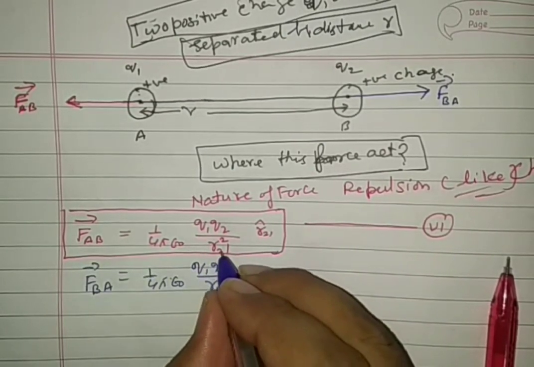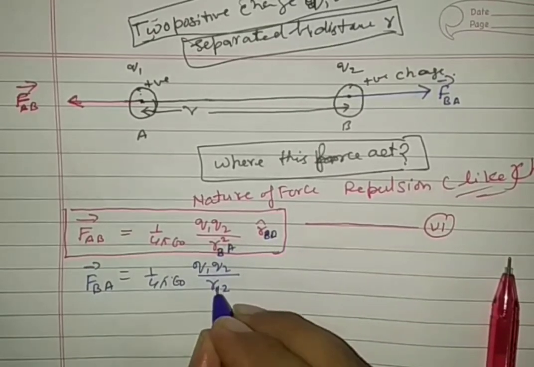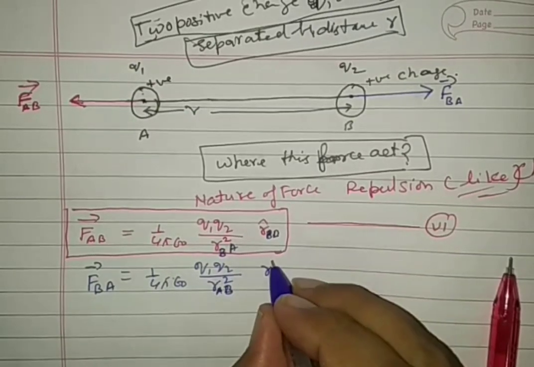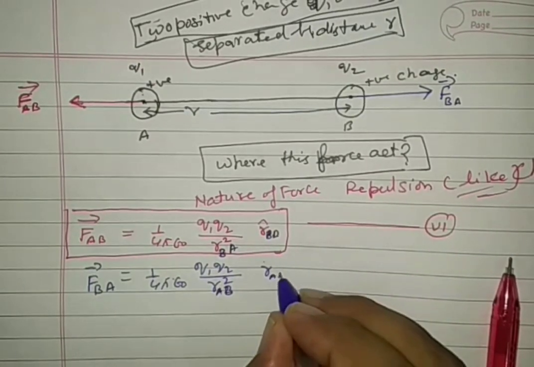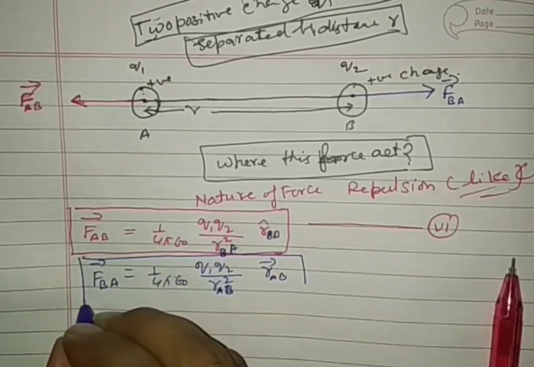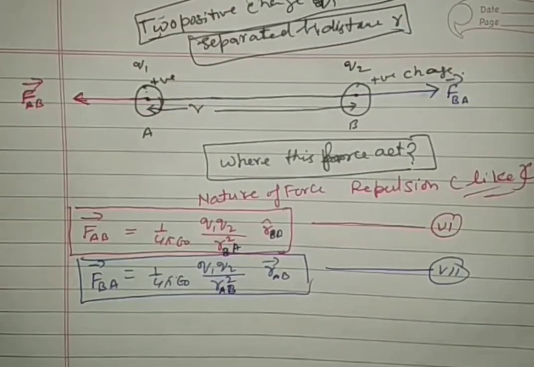AB is here, so we can say it is here BA. Here we can use AB whole square unit vector AB. In this case, this is represented by equation 7.